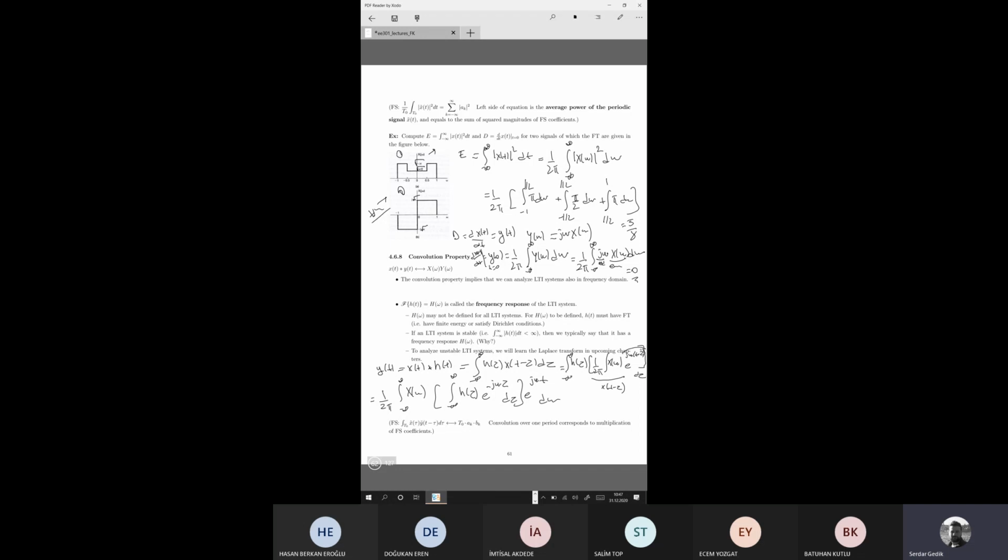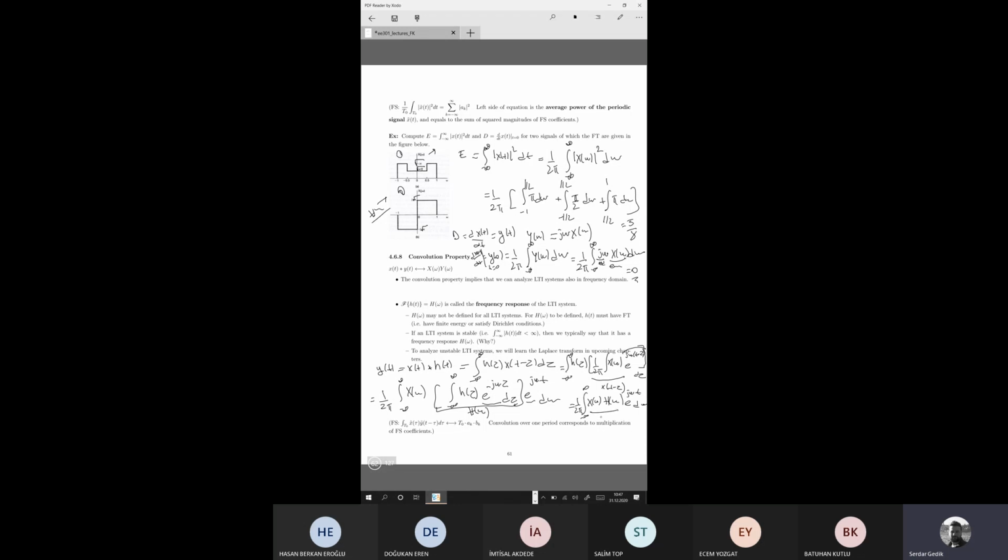I have e to the power j omega t here and e to the power minus j omega tau here. So what is this inner integral? This is nothing but h of omega. So this is equal to 1 over 2 pi integral from minus infinity to plus infinity of x of omega times h of omega times e to the power j omega t d omega.